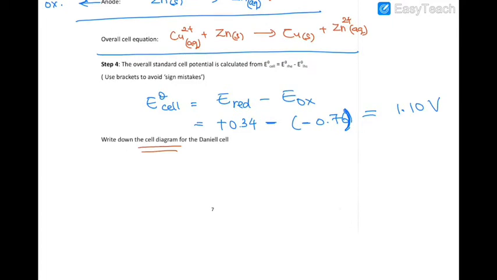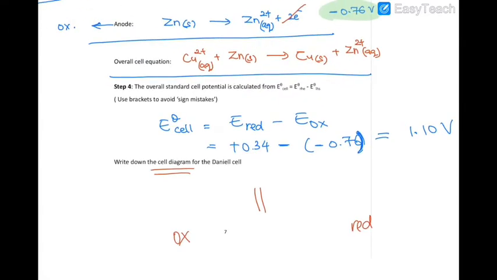For the cell diagram, we'll start with the salt bridge. Oxidation on the left hand side, reduction on the right hand side. For oxidation, you have Zn solid in contact with Zn2+, and for reduction you have Cu2+ in contact with Cu solid.